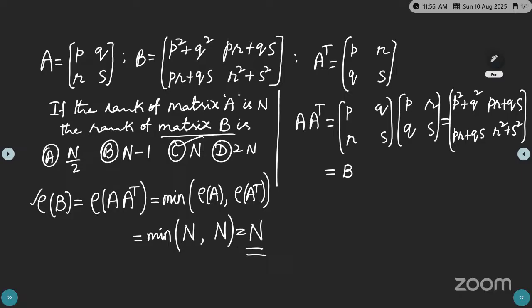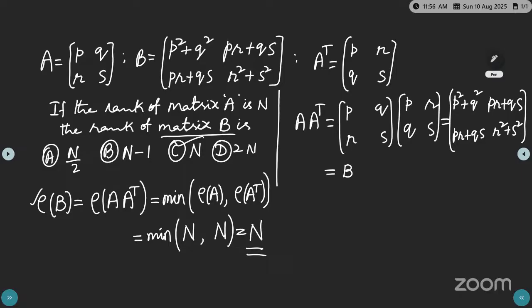Clear or not? If you can express that matrix B in terms of A transpose, A into A transpose, or A into A inverse, and you observe it, then you can write the rank of B very easily. Finding rank is direct in your academics. This is in GATE, that is the difference.